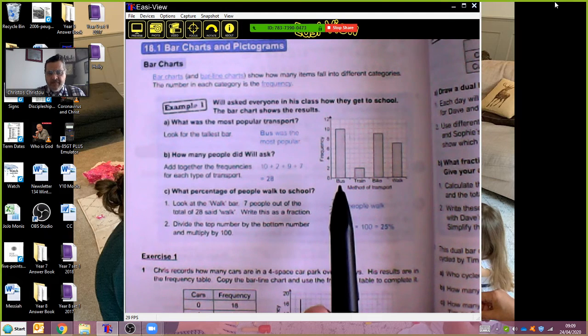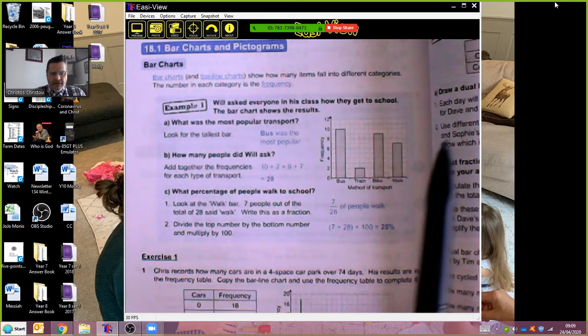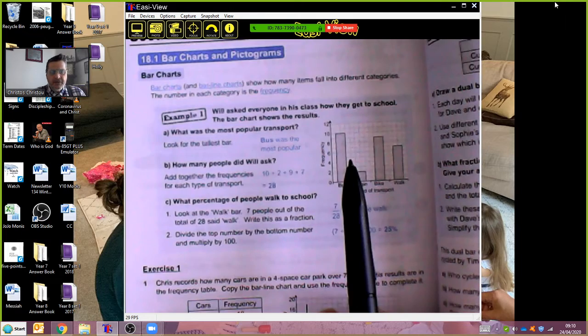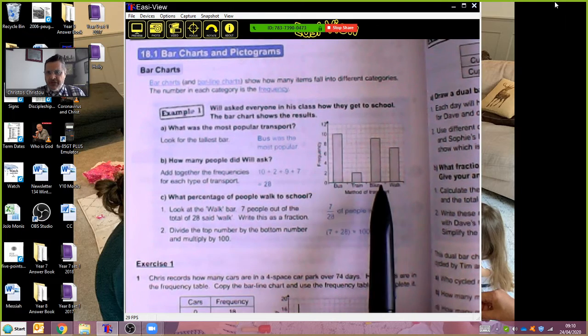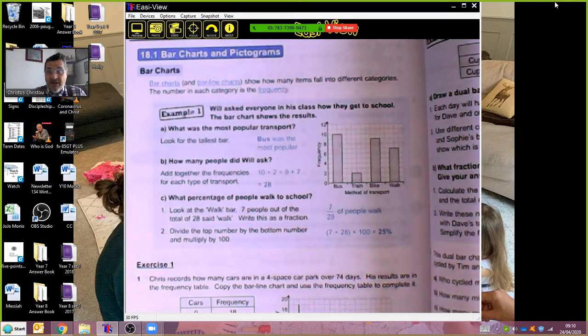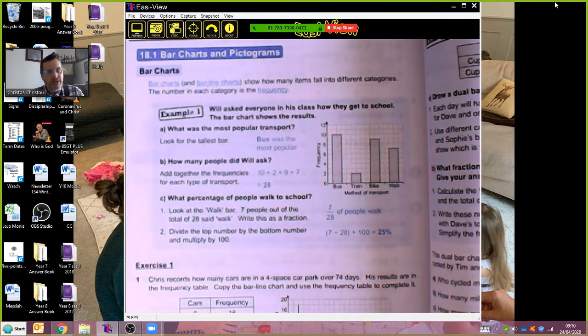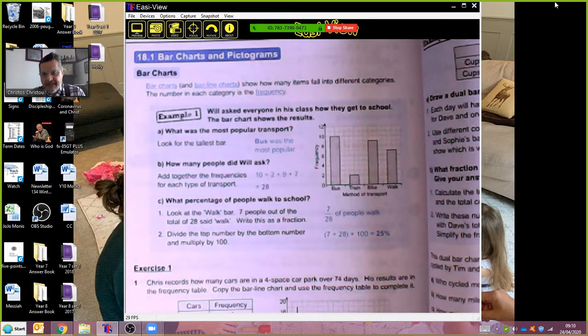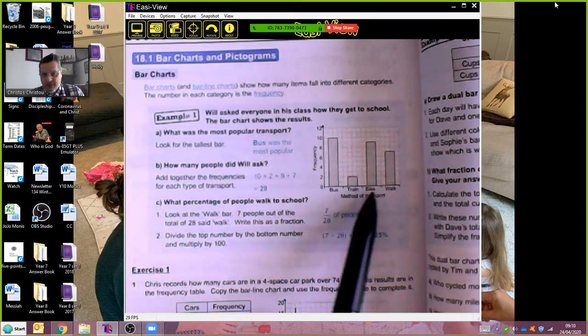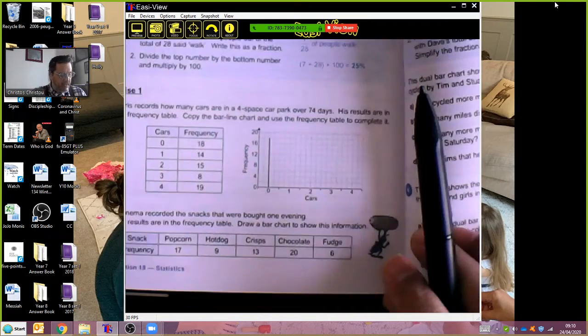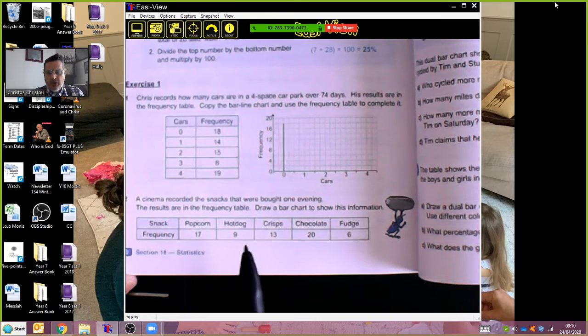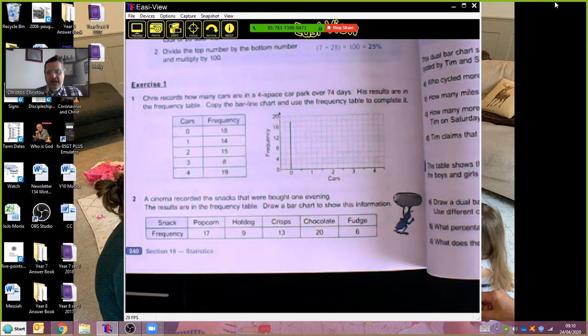Make sure the spacing is identical between each bar, and make sure the bars don't touch, because if they do, you've not done a bar chart, you've done a histogram, and it makes no sense with this storyline. So a bar chart: popcorn, hot dog, crisps, chocolate fudge, and you construct the scale as best you can. So we're going to do exercise 1, question 1 and question 2.